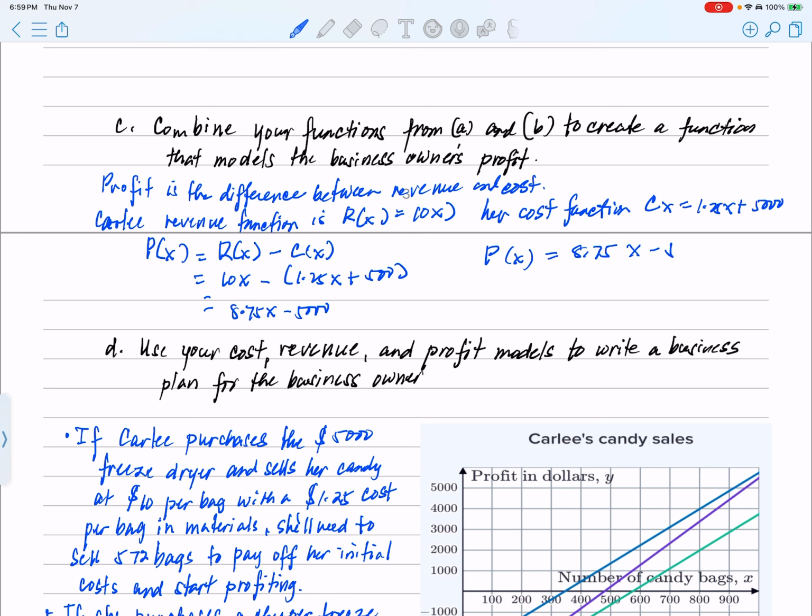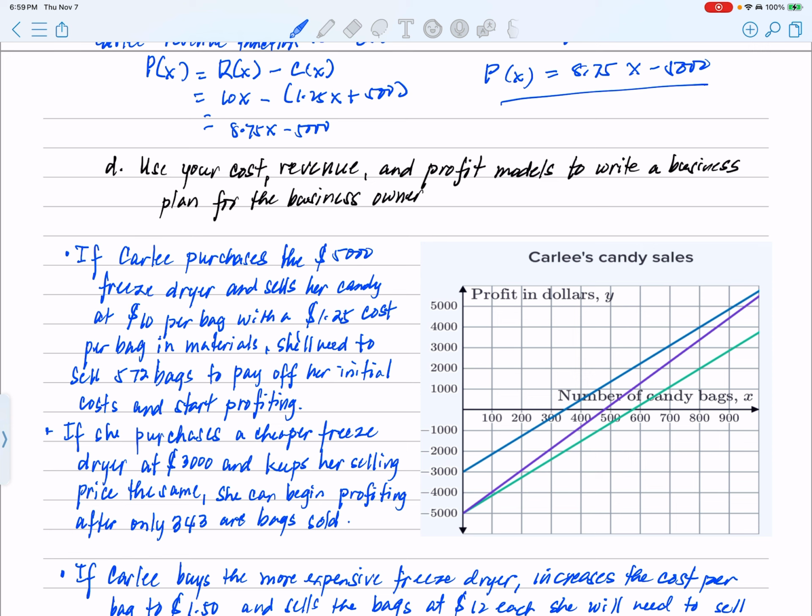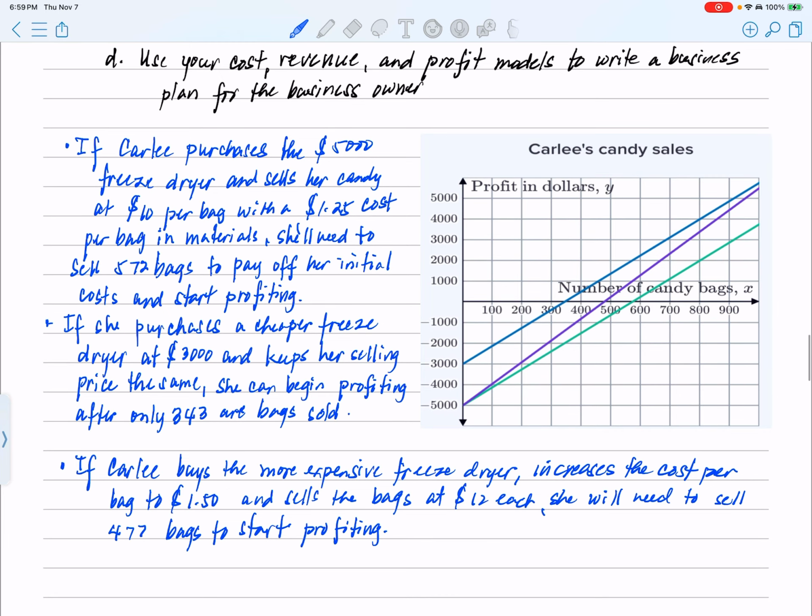So use your cost, revenue, and profit models to write a business plan. Carly needs to know when her business will start profiting. We should also present her with a few reasonable options. So we have the option right here.